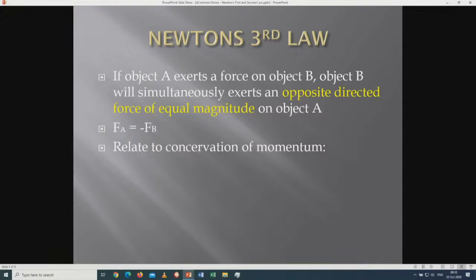inseparable, and you can also, by means of equations, derive the principle of conservation of momentum from Newton's third law. If you rewrite Newton's third law into the statement or the principle of the conservation of linear momentum, you will end up with this formula.